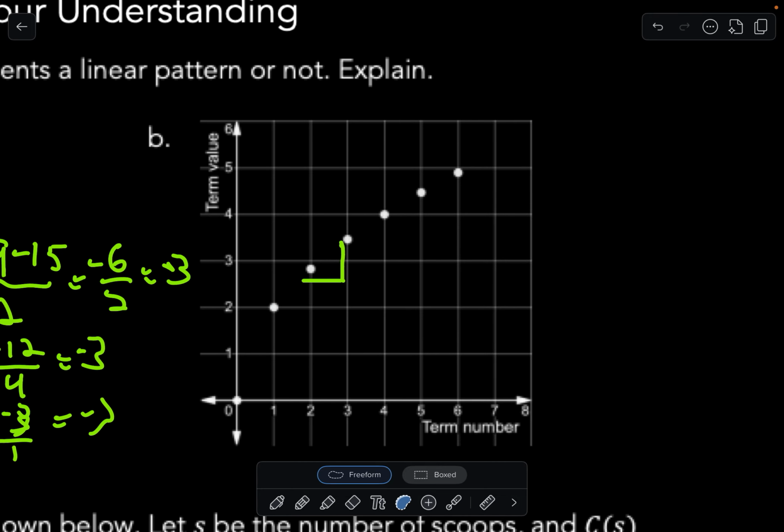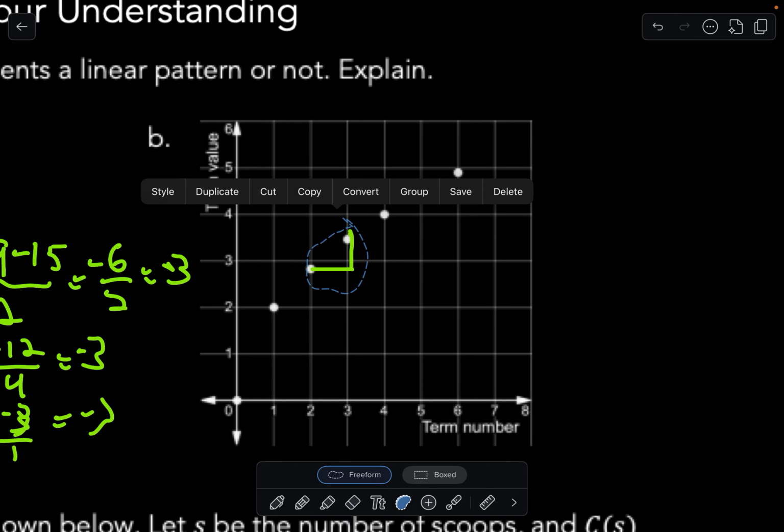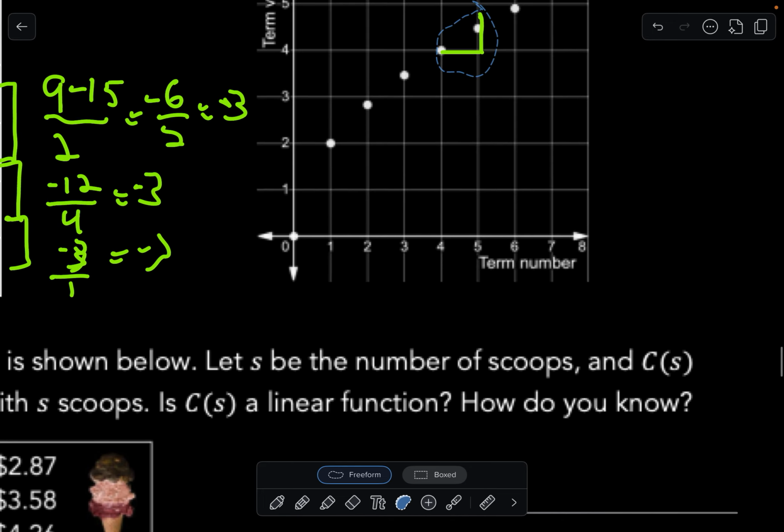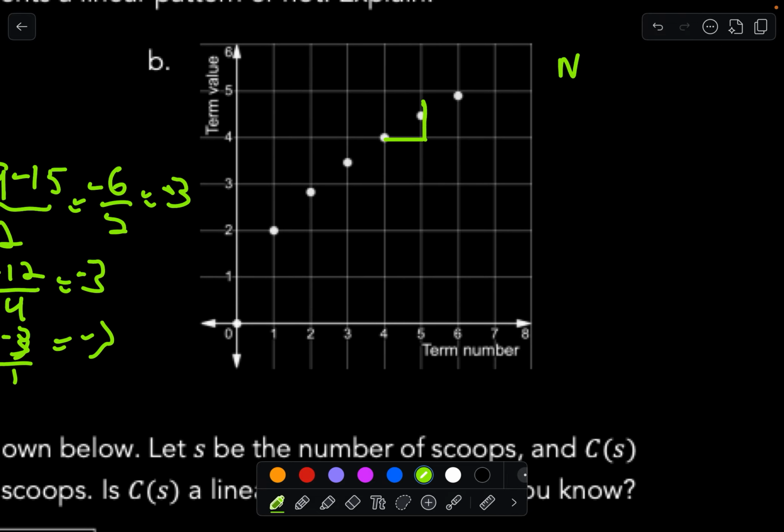So if I just move this over to there, it should be the same amount, and you see it's not. Or if I go over to here, it definitely isn't. And up here even more so. So this rate is non-linear, not a common difference.